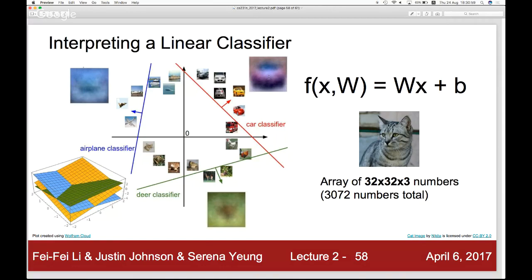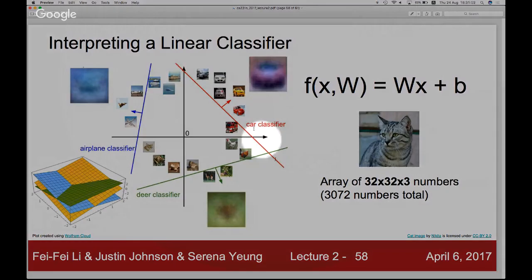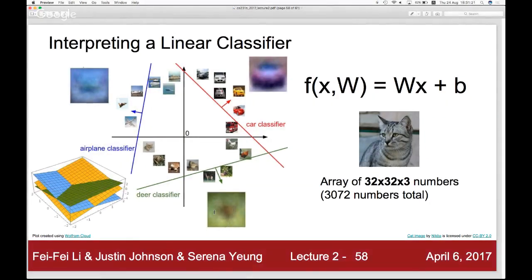So this car classifier over here is saying that everything above this plane in the red direction is basically cars, okay? And when it's intersecting with the deer classifier, like over here, then we have problems. But when there's clearly one direction that's dominant, then we would say that is that type of object, okay? So that's how we would interpret the classifier.